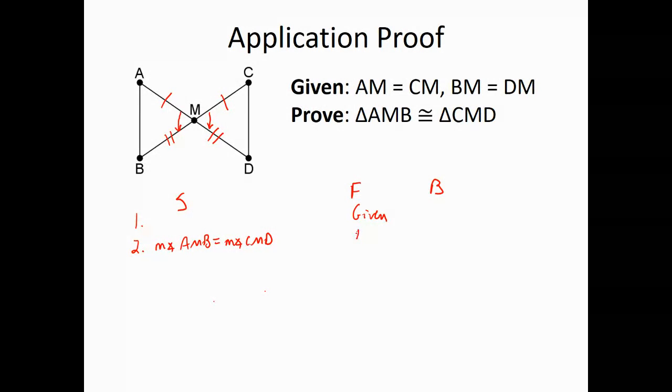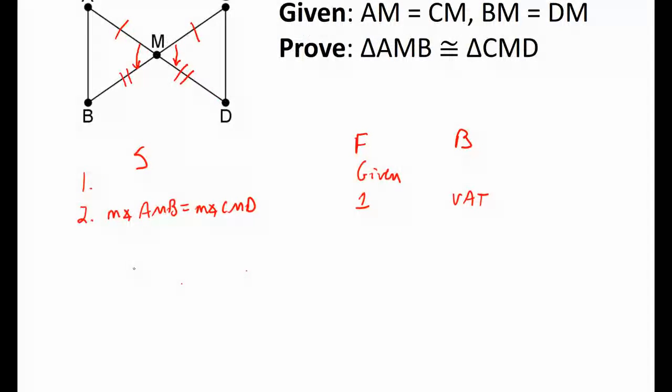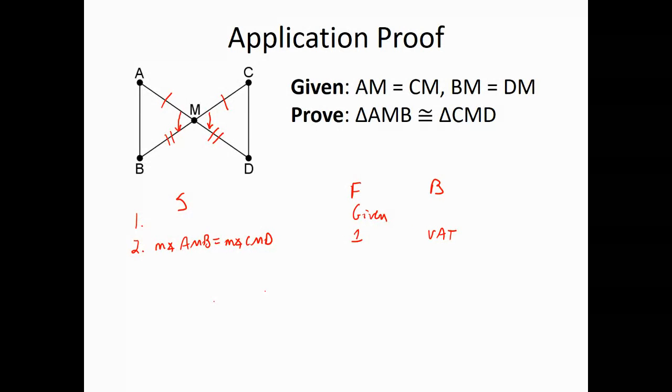And that follows from the given as pictured in the diagram by the vertical angles theorem, by VAT, which of course we abbreviate. And at this point, we now have two sides and the included angle of one triangle equal to two sides and the included angle of the second triangle.